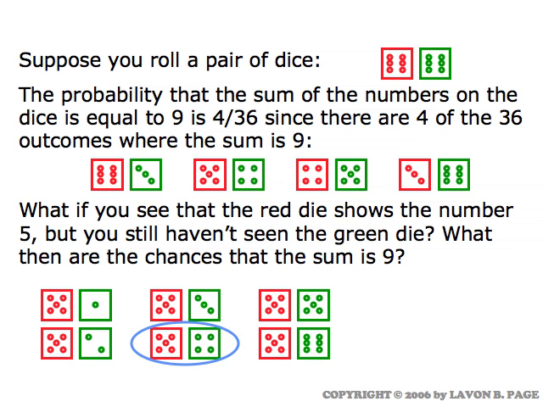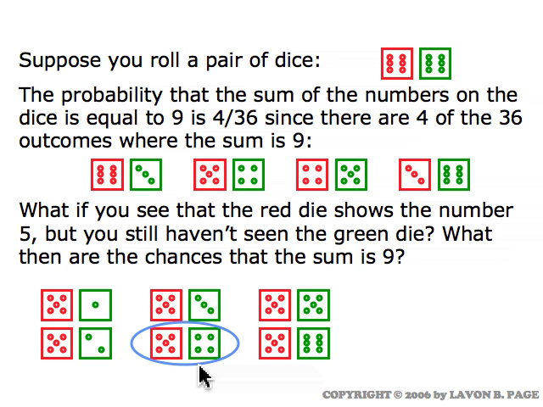Once we know that the red die has the number 5 on it, we know that the outcome must be one of these 6 cases where the red die has the number 5. Of those 6 cases shown, only one of them shows a sum of 9, the case where the red die has a 5 and the green die has a 4.